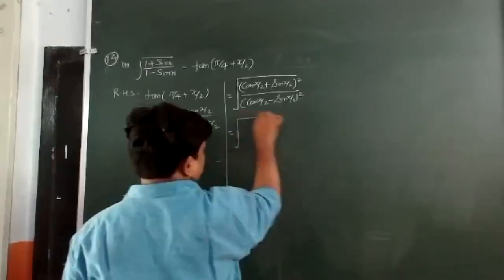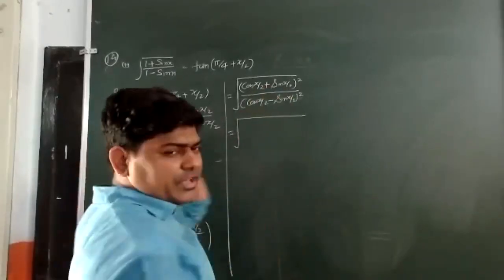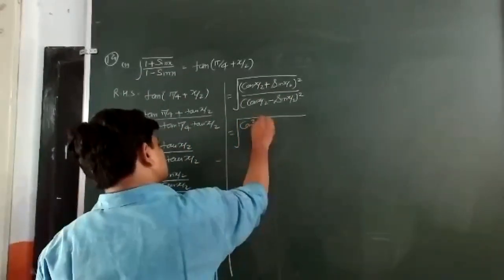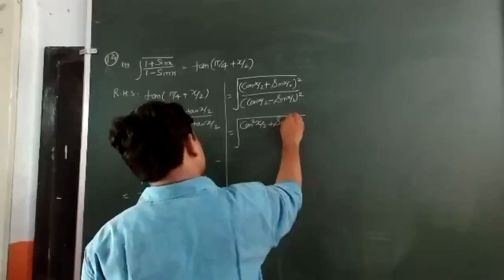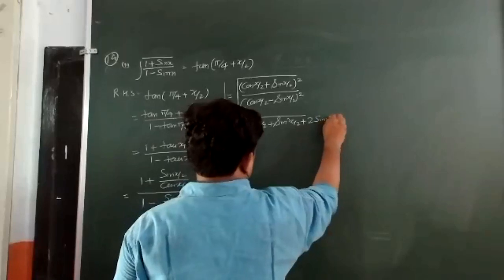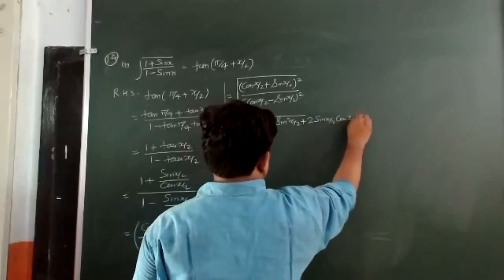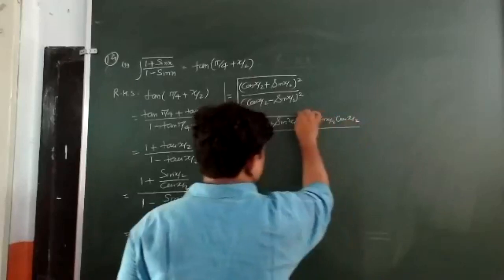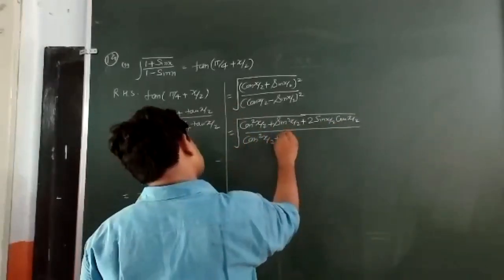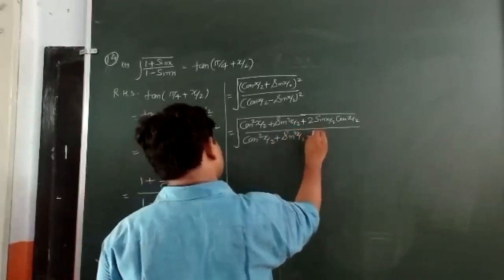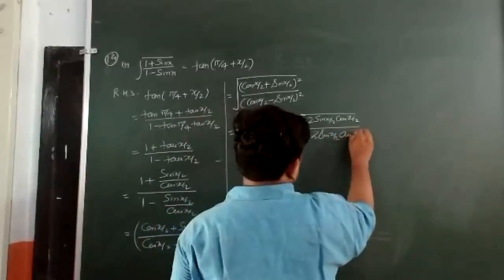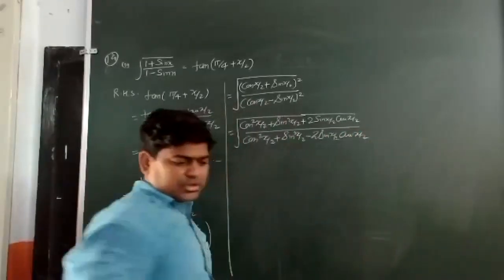And when I use the formula of a plus b the whole square and a minus b the whole square, I get cos square x by 2 plus sin square x by 2 plus 2 sin x by 2 into cos x by 2, whole upon cos square x by 2 plus sin square x by 2 minus 2 sin x by 2 into cos x by 2. Listen to me very carefully.